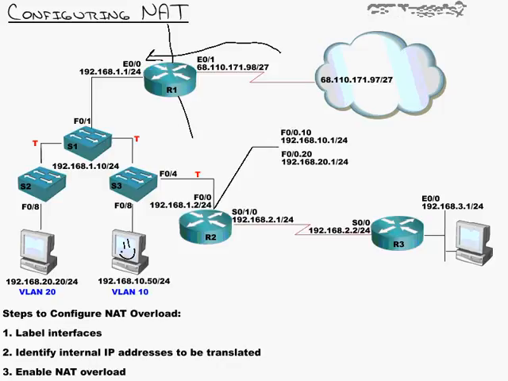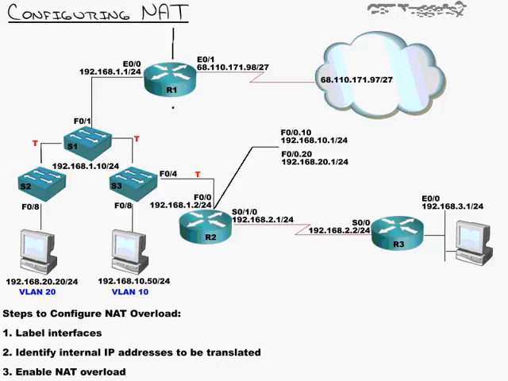Meaning if this smiley guy down here didn't go out to the internet and say, CNN, I would like your web page, CNN would never be able to come back in and say, here's a web page. So NAT, in essence, is an impenetrable form of security because the outside cannot access the inside.